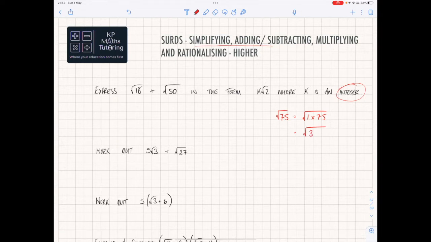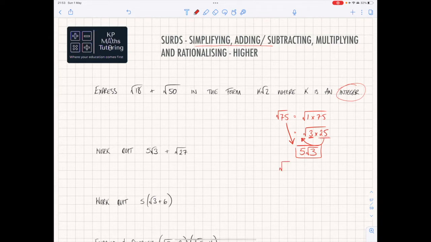Then I've got 3 times 25, which gives me 75. Now straight away, I know that 25 is a square number. So when I square root 25, I get 5. And then 3 cannot be square rooted, so that stays as 5 root 3. So root 75 can also be written as 5 root 3.